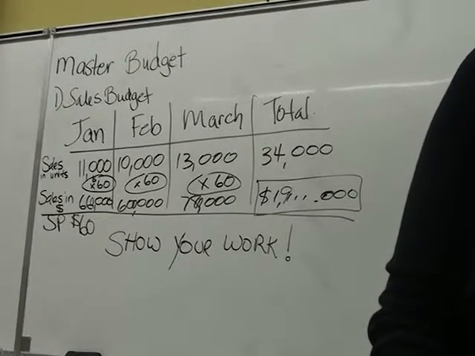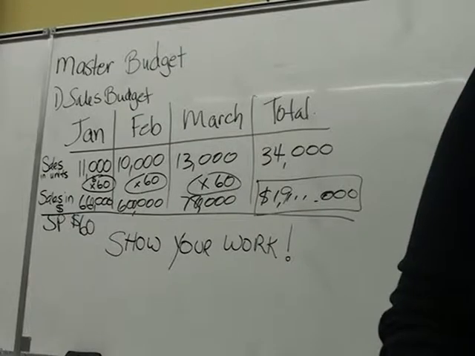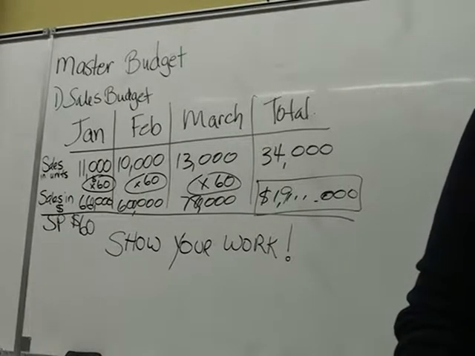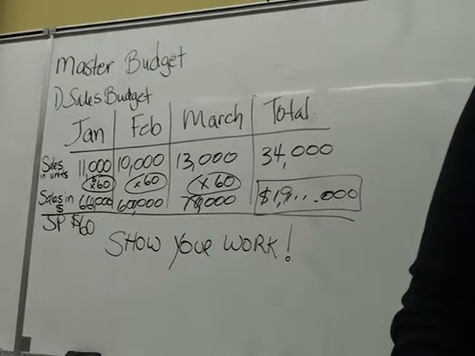Okay, so what they're telling you is that the first quarter sales, if you look at this, ignore the accounts receivable beginning balance line, because that has nothing to do with it, they're trying to show you something else here.